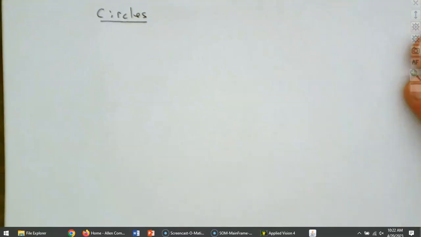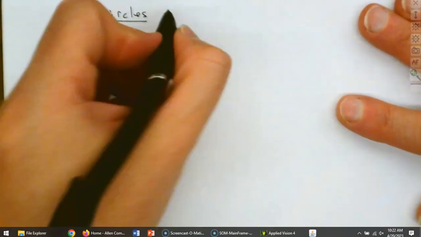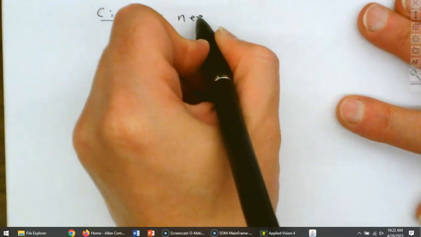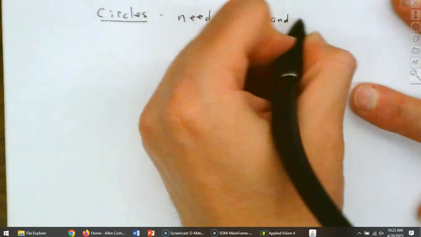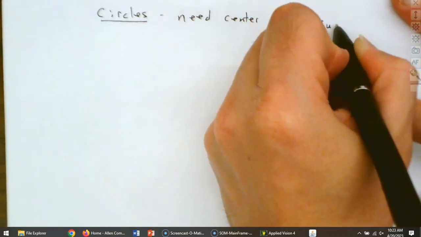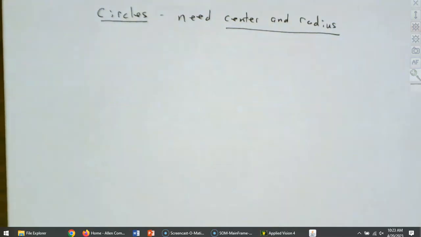Now, when we talk about a circle, what does a circle need? Well, a circle needs a center and a radius. How do we graph a circle? Well, what we do is we plot the center and then we move around it with the radius.